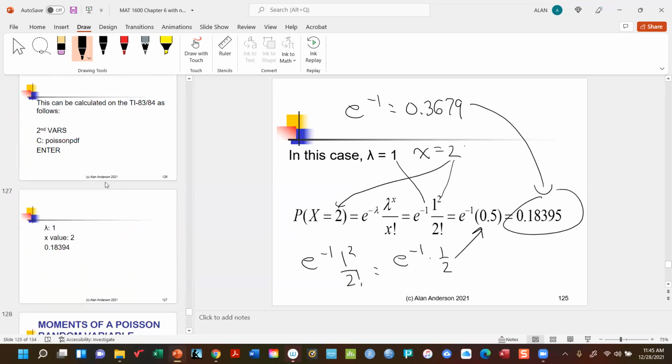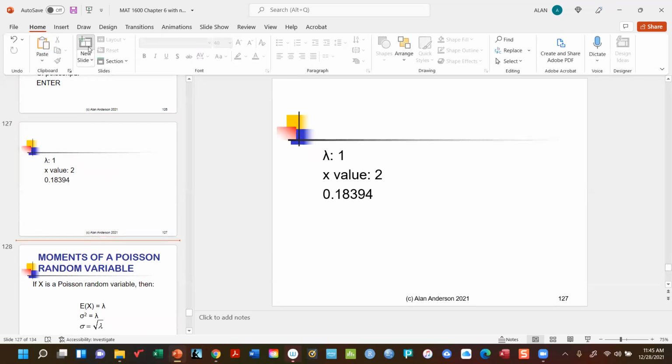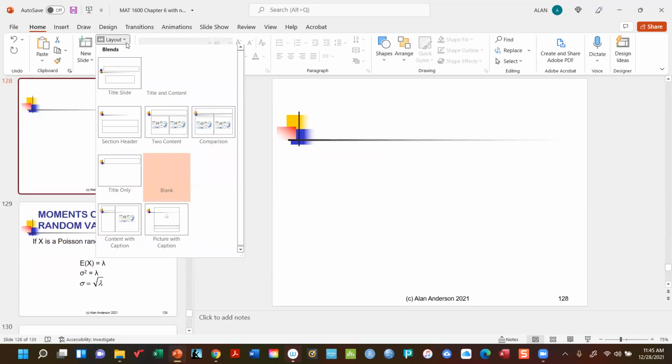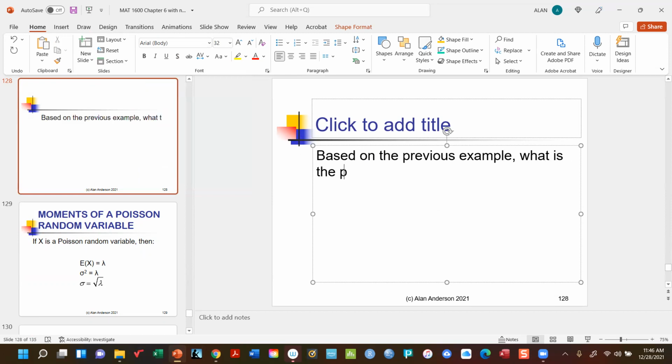Now, actually, just to get a little more practice, why don't we try this? Based on the previous example, what is the probability of getting 3 phone calls during the next hour?